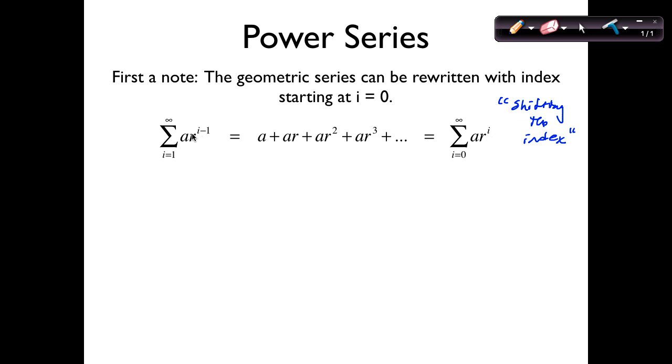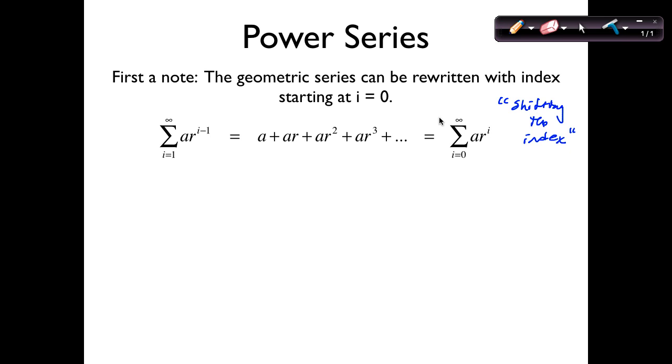What do we have to do to the exponent of r? When we shifted the index back by 1, then we have to add 1 to balance it out, so that our first exponent is still 0. So if we move all the indexes back by 1, then we've got to increase them all in the formula by 1 so that we get the same terms.